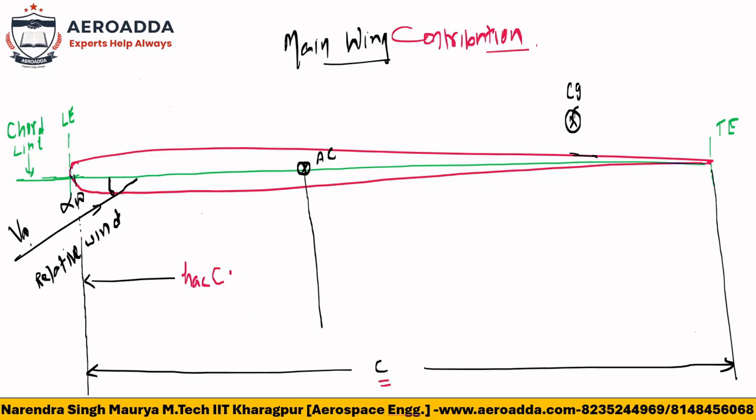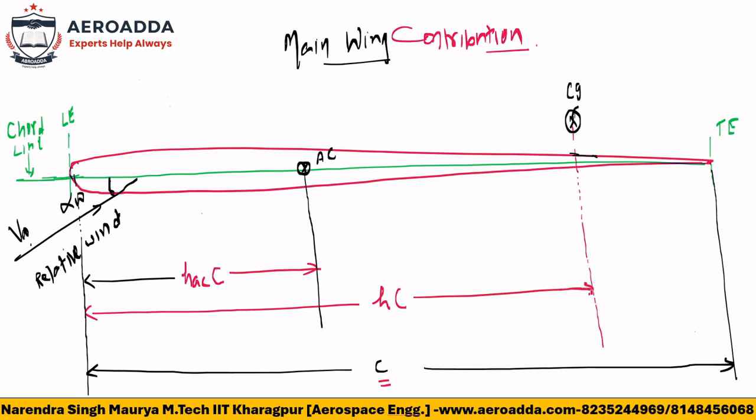Next, I have taken the CG somewhere. This CG location from the leading edge is denoted by H, also in fraction of chord, so it is nothing but HC. This is the notation, always remember.